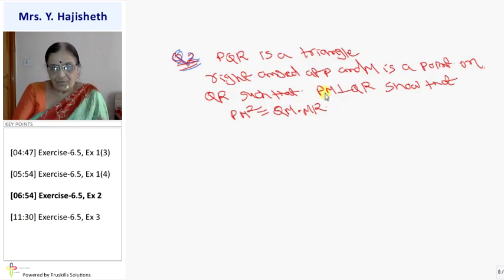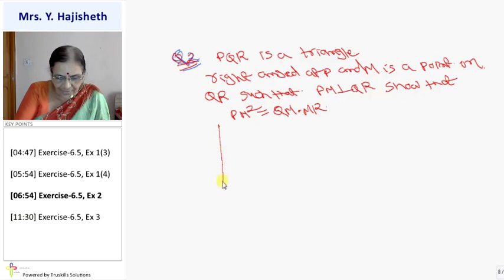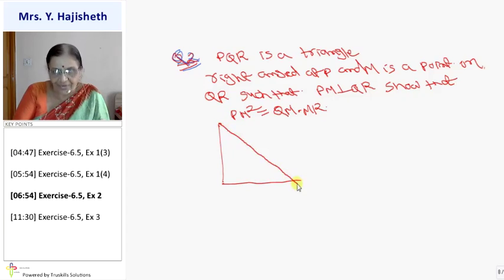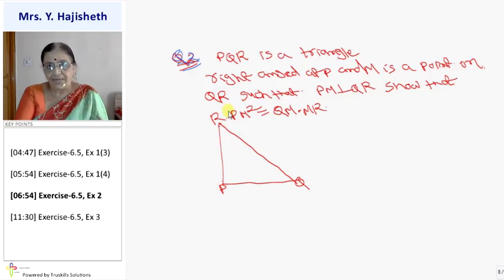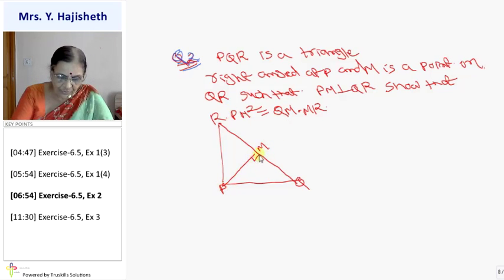Now see, PQR is a right angle triangle at P. So first I will draw a right angle triangle at P. Now they said M is a point on QR such that PM is perpendicular to QR.